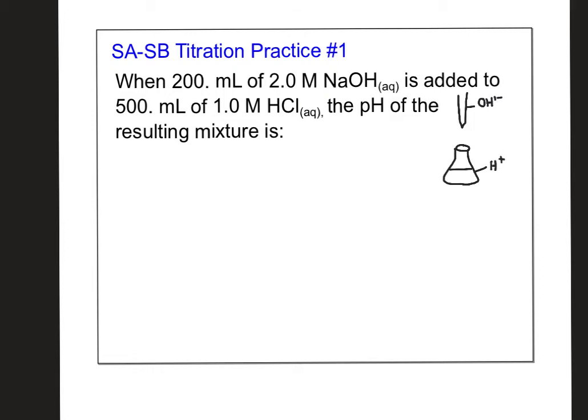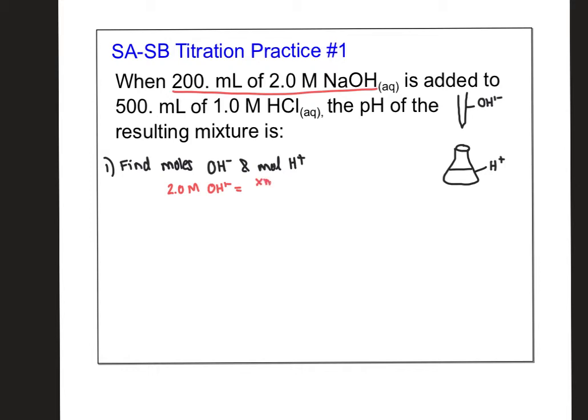So my first step is to find the moles of OH minus and the moles of H plus. I have 2.0 molar NaOH, which is the same as 2.0 molar OH minus because it's 1 to 1. One molecule has 1 hydroxide.